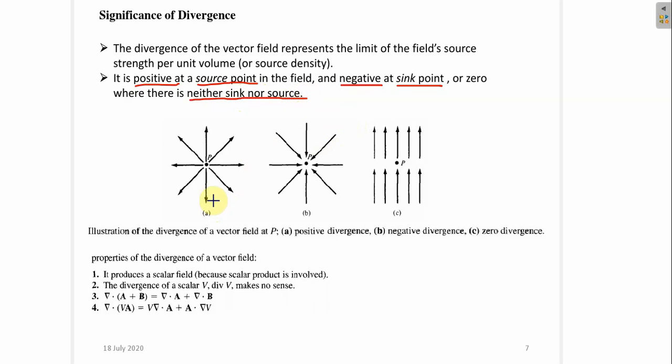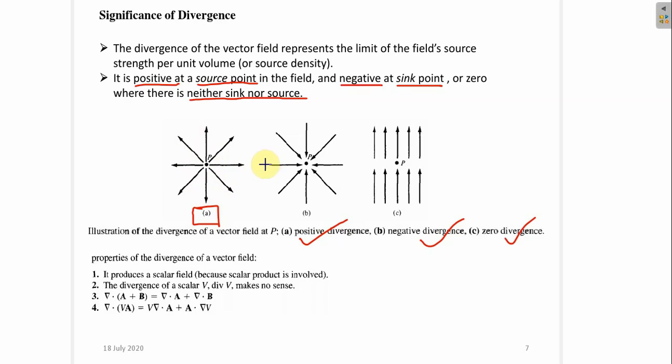In the diagram, the divergence of a vector field at point P has been illustrated for all three conditions: positive divergence, negative divergence, and zero divergence. In the first figure, it is the case of positive divergence, because the field is diverging in the outward direction.